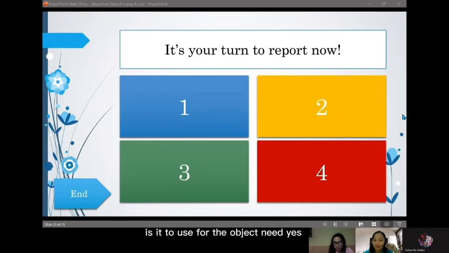Is it to use for the object me? Yes, when we are going to use the reporting verb to tell, it is always a must that it is followed by an object. While when you use the reporting verb said, it is not required to be followed by an object.